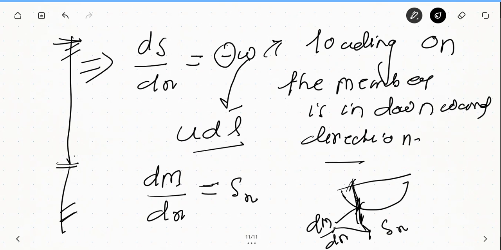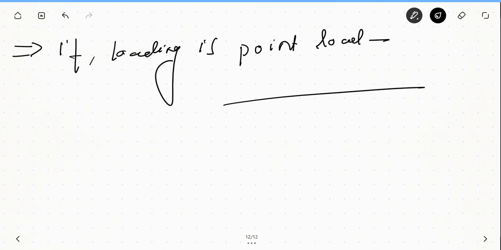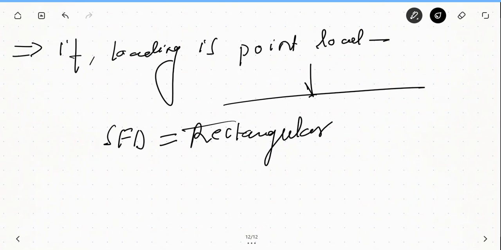Now one more thing, make a note here: if the loading is a point load, then the SFD will be rectangular and the BMD will be linear.